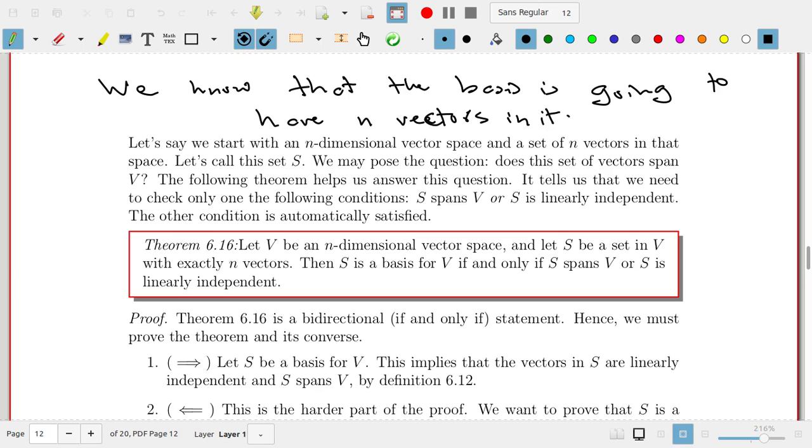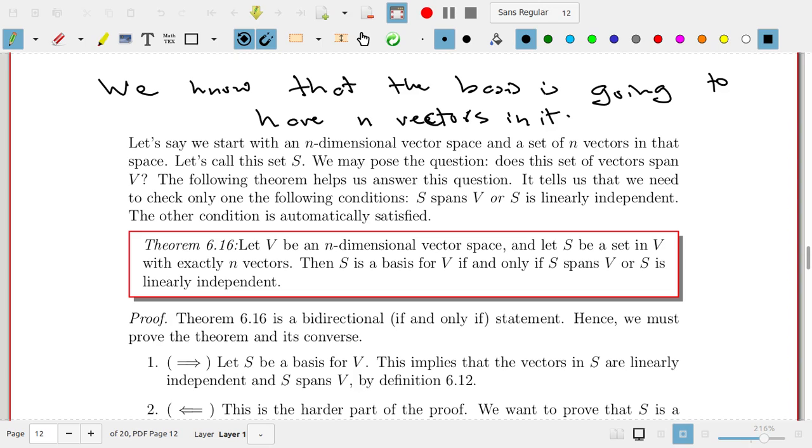Okay, so the following theorem actually answers this question. Let V be an n-dimensional vector space and let S be a set in V with exactly n vectors, right? Now, these n vectors could form a basis, and then again they might not. Then S is a basis for V if and only if S spans V or S is linearly independent, right?